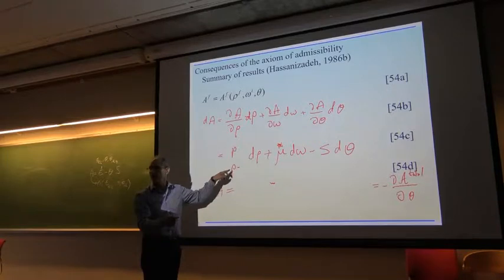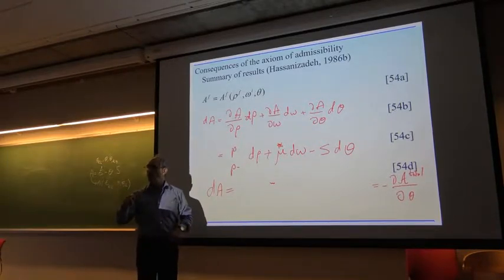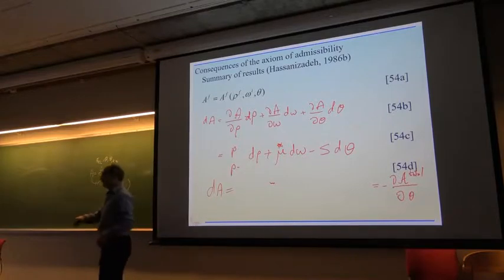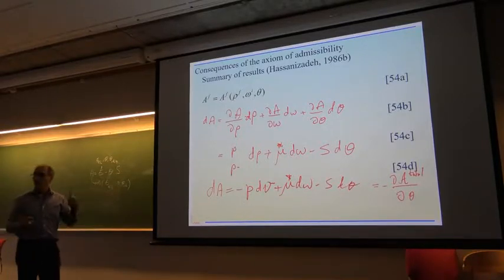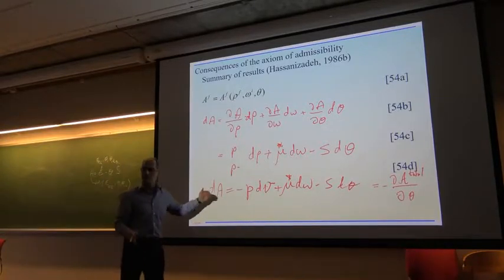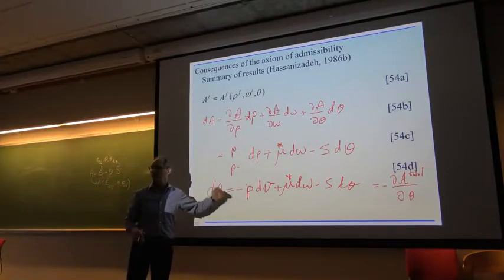Because this is rho squared. d of 1 over rho is d of a specific volume, V over mass. And with a minus sign, by the way. So this is minus P dV plus mu d omega minus S d theta. There you go. And I did not assume it. It's not a starting point. It's a derived result.